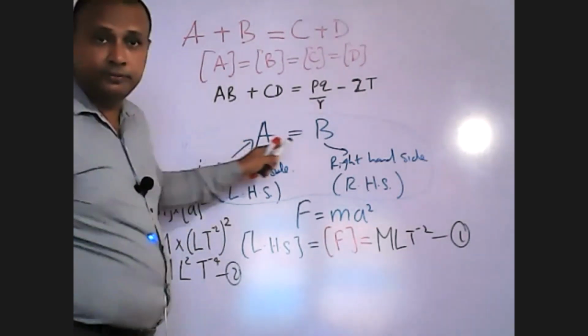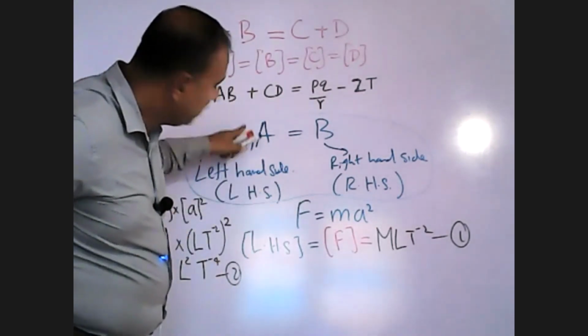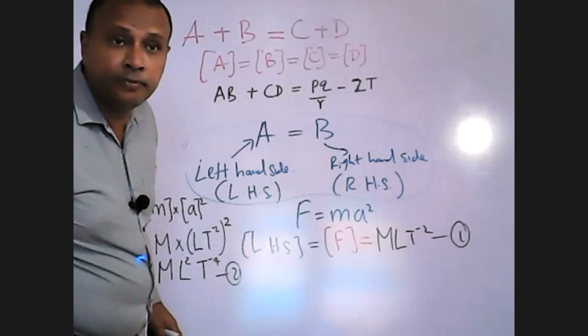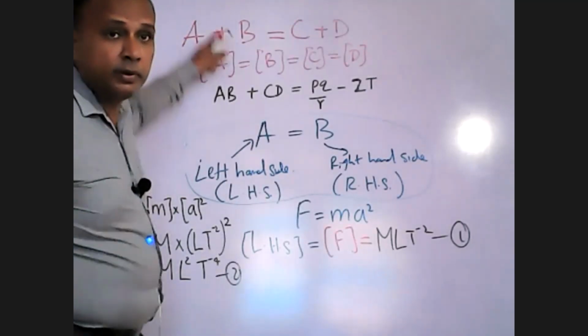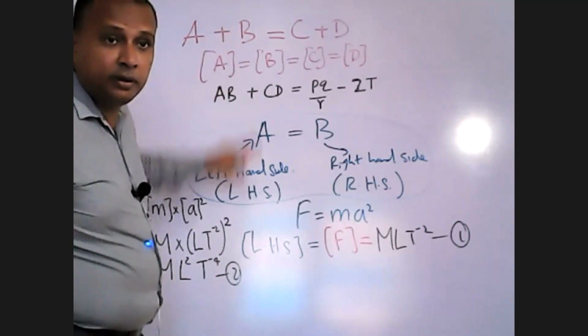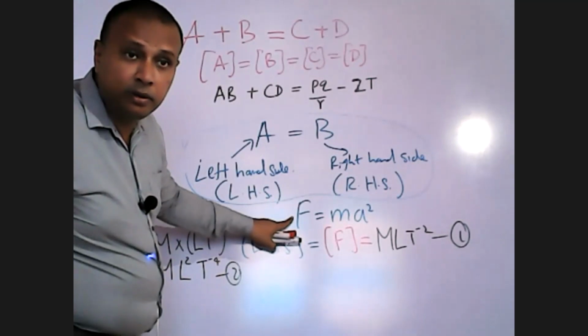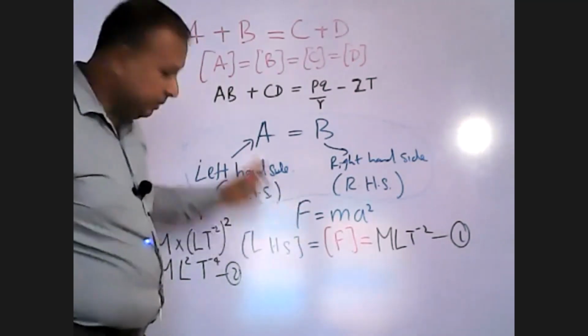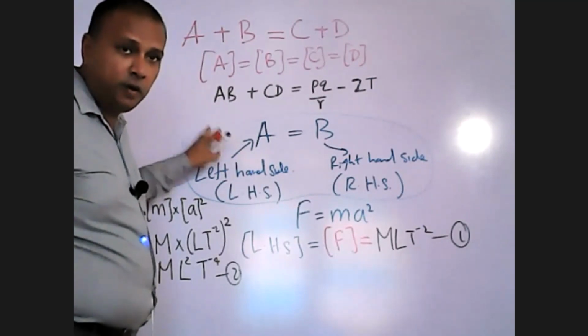Shall I erase this one? Do we have to write that F equals MA square thing? No, you still have to write this one only.